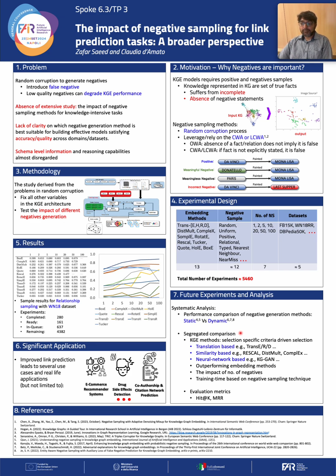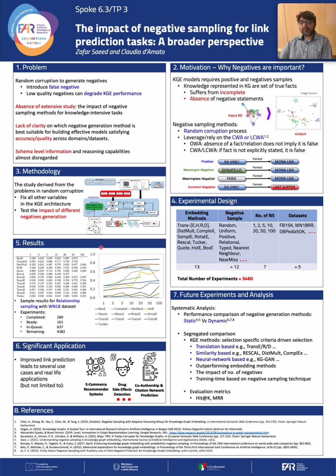So the segregated comparison could be based on translation-based methods, similarity-based methods and neural network-based methods such as KG-GAN and KG-BERT. We also aim to check the impact of the number of negatives against positives, and also of course training time based on negative sampling techniques, because we also need to make these embedding methods scalable, since the knowledge graphs are mostly enormous and huge.